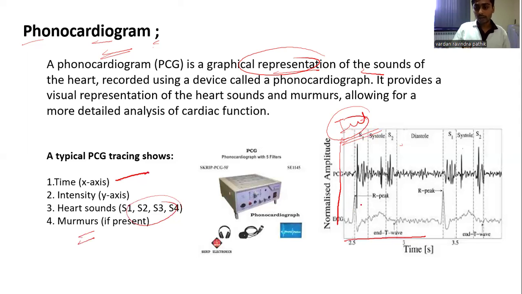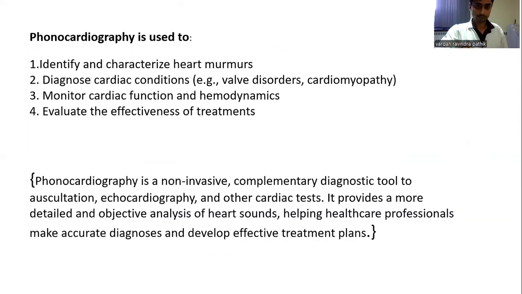And also we will have the ECG here. We read both PCG and ECG and connect them, and we can compare at what specific time and what specific event we can hear this sound, right? So we can diagnose the whole problem.